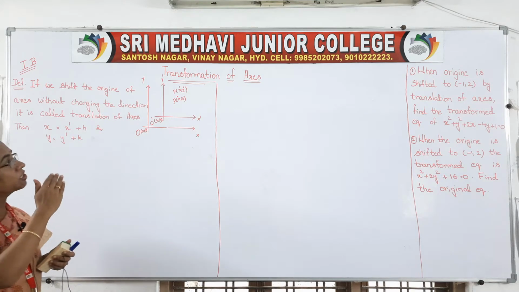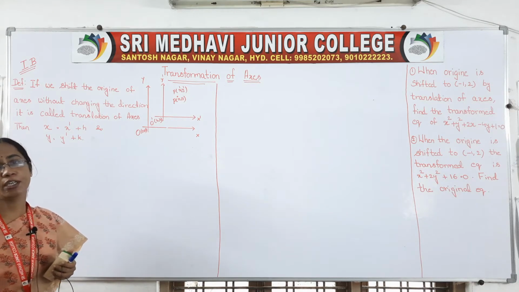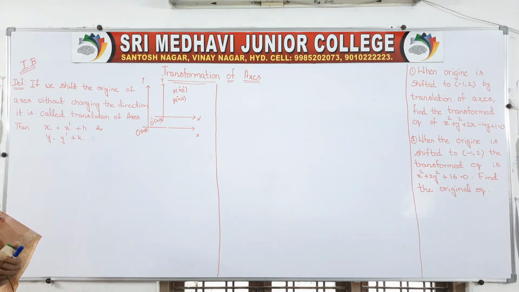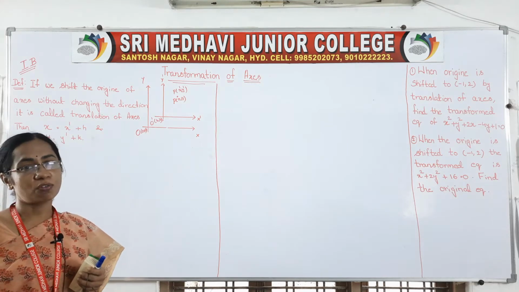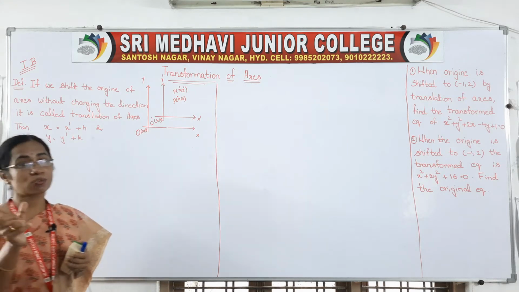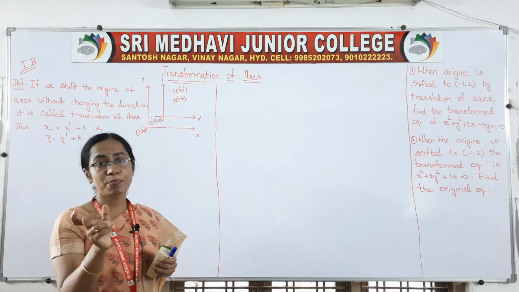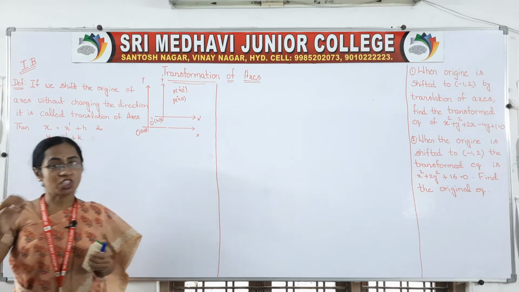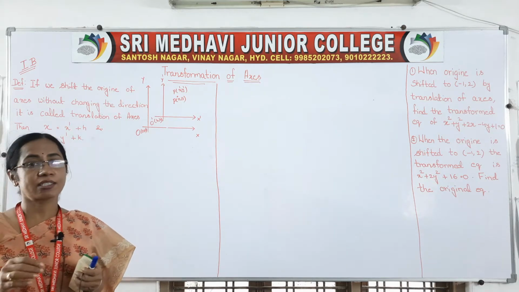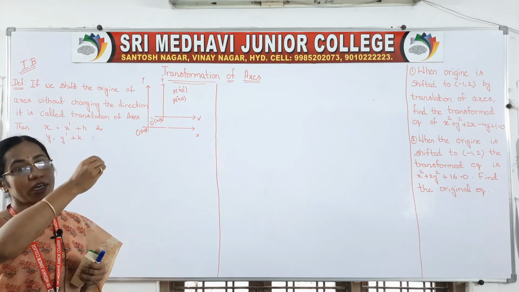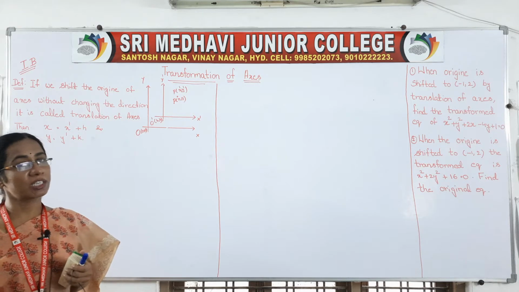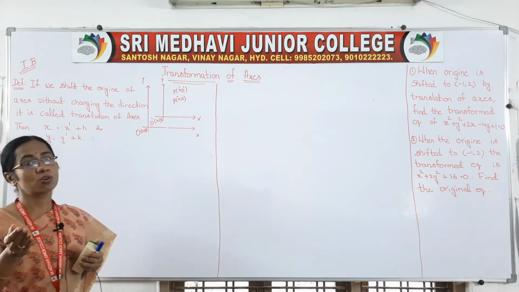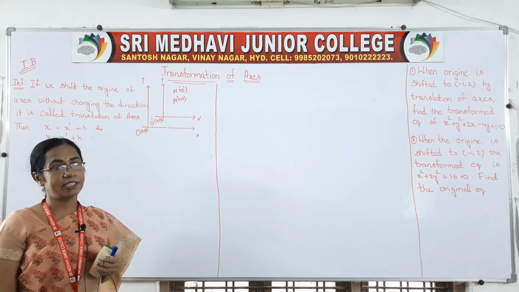Here change in the axis happens in two ways. First is called translation of axis. Chapter name is transformation of axis. Transformation of axis means change in the axis. If some change comes in the axis, automatically the coordinates of the point will change. Consequently, the equation of the locus of that point also changes.